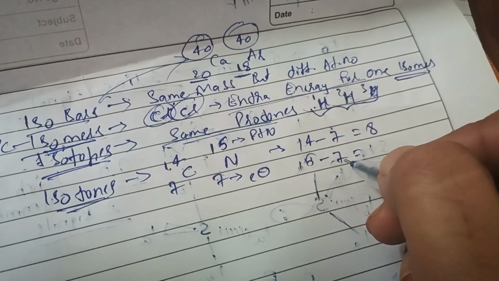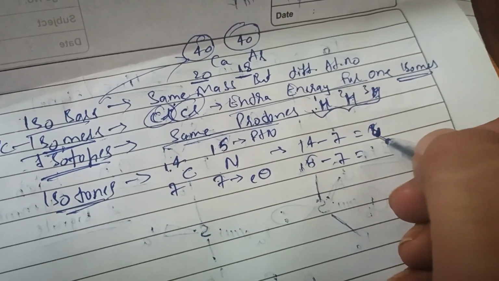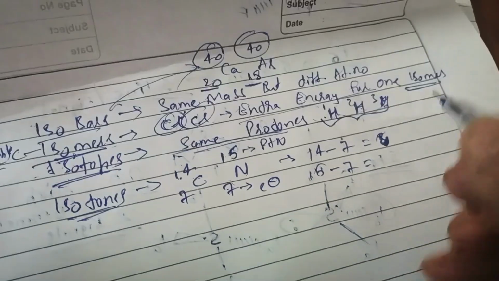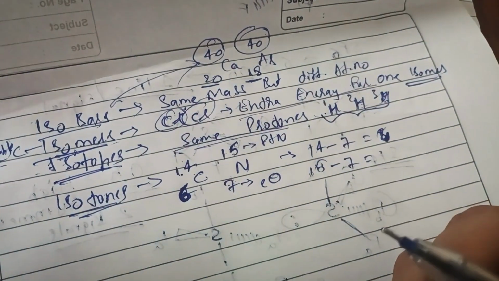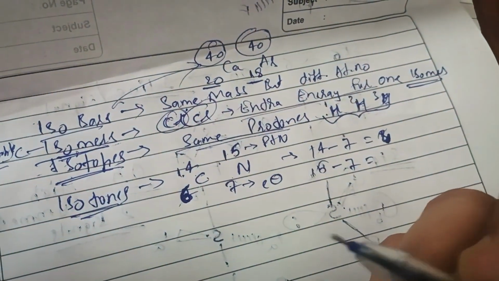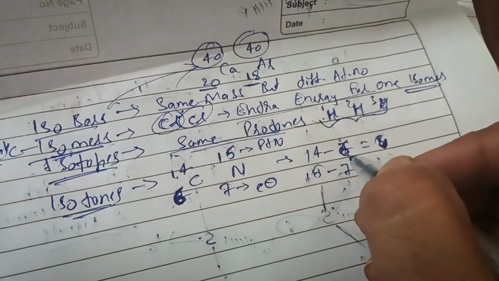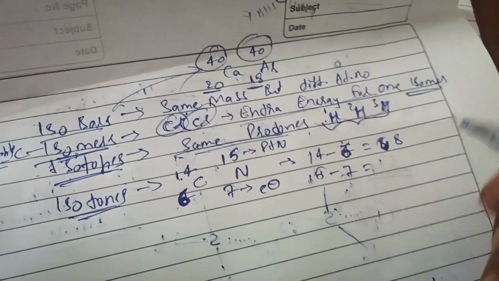Wait a second. Here it is not 7, it is 6, right? Carbon atomic number is 6. So 6, 14 minus 6, it will be 8, right?